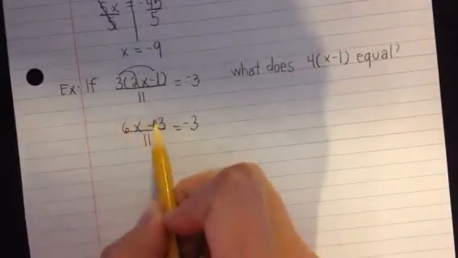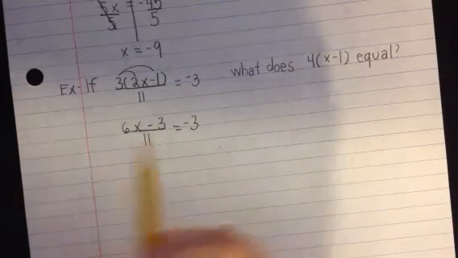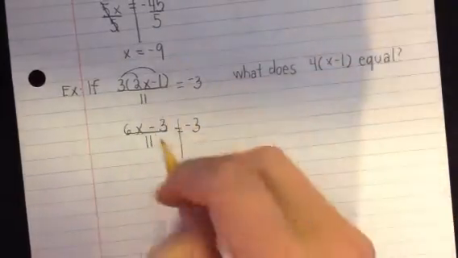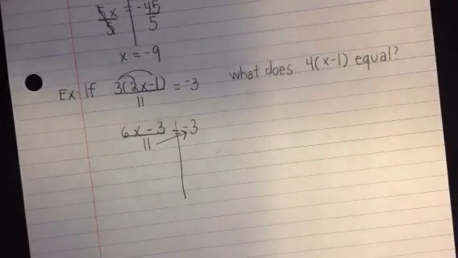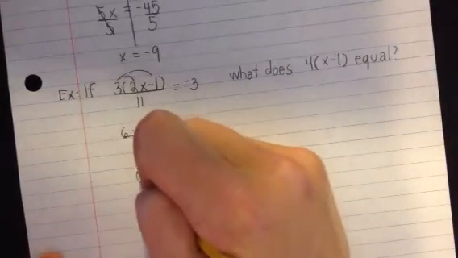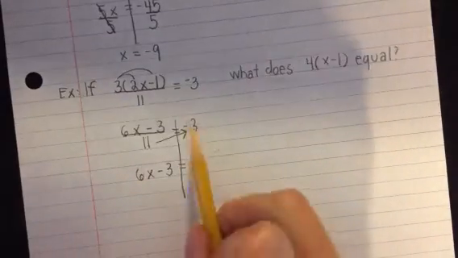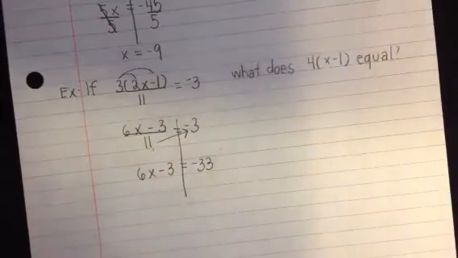So the top is cleaned up. We can't have this all over divide by 11, so remember, to get rid of divide, what we're going to do is multiply. So we're going to take that 11, multiply it by the other side. So then we would have 6x minus 3 equals, and -3 times 11 is -33.